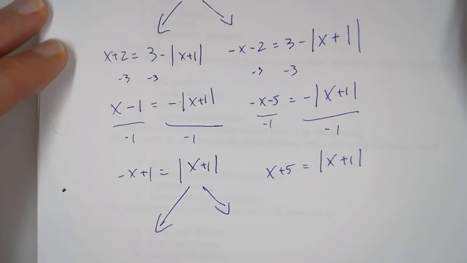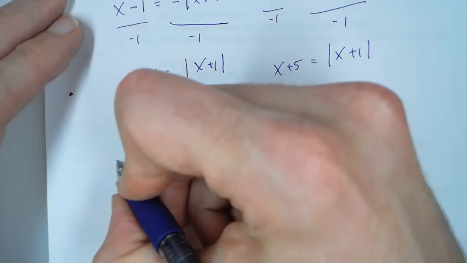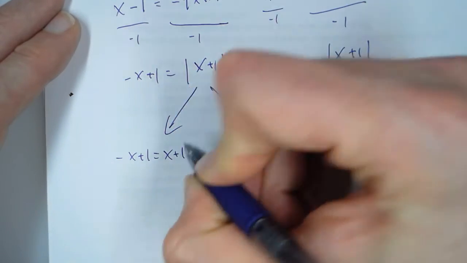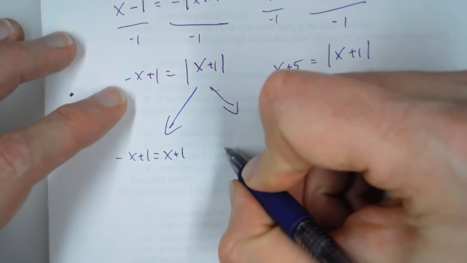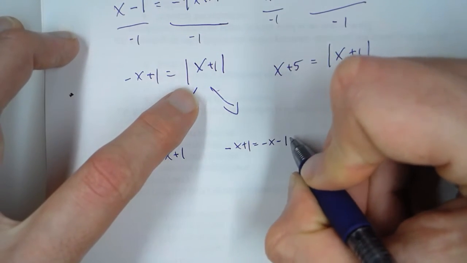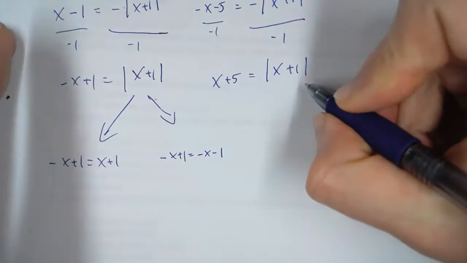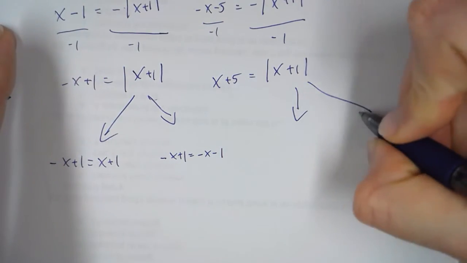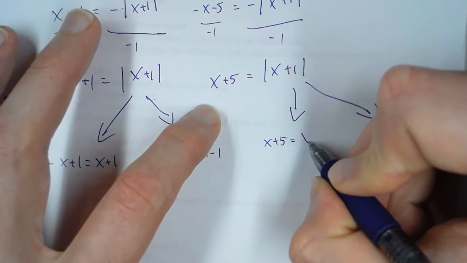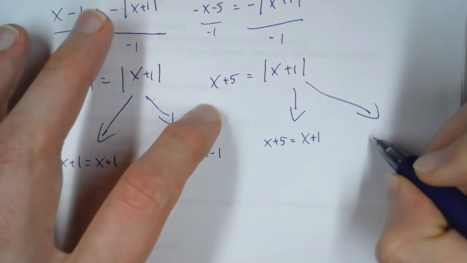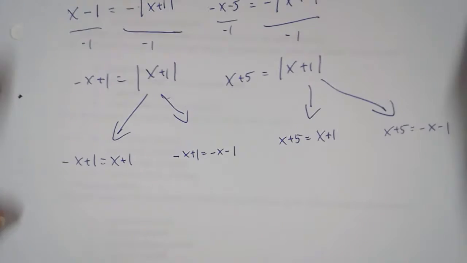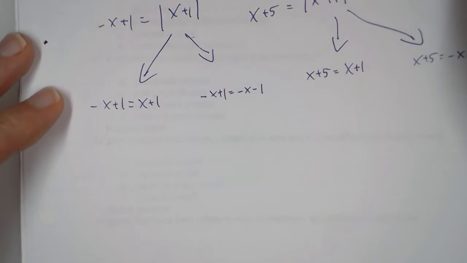That's going to split into negative x plus 1 equals x plus 1, but it's also going to be negative x plus 1 equals negative x minus 1. This one we also break into two equations. So this is going to be x plus 5 equals x plus 1, and then x plus 5 equals negative x minus 1. So we have four equations to solve, but only two of them are going to work.